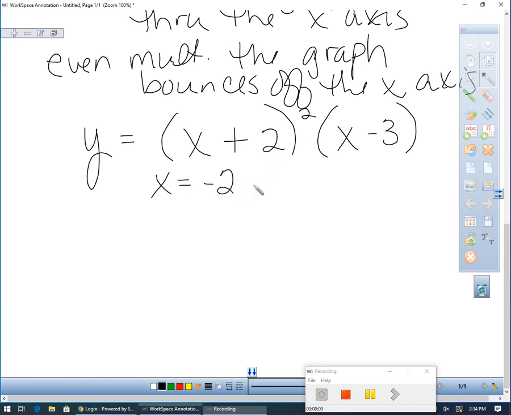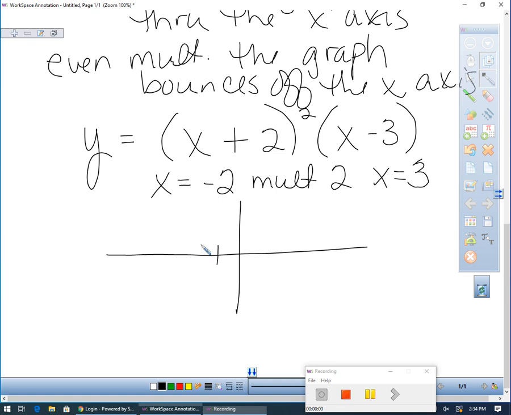And this has a multiplicity of what? 2, correct? Because that's my exponent. This one is a zero at positive 3. What's its multiplicity? It's just 1, right? That's what we were doing yesterday. So you don't even have to write multiplicity anything. It's just the 1. Now, on our graph, I have a zero at negative 2, and I have a zero at 3.